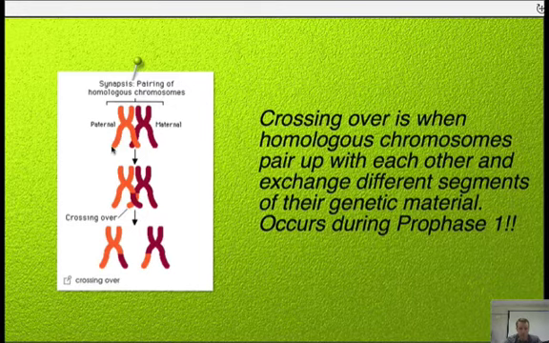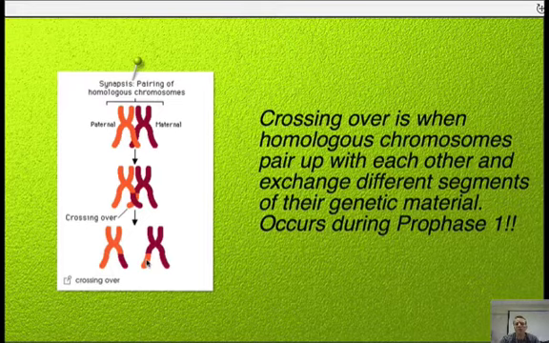So you have your chromosome from your dad and your chromosome from your mom. And then because of crossing over, those segments switch, or they exchange. So now if you look at the end result, part of your mother's chromosome is now on your father's chromosome, whereas your mother's chromosome now has part of your father's chromosome.